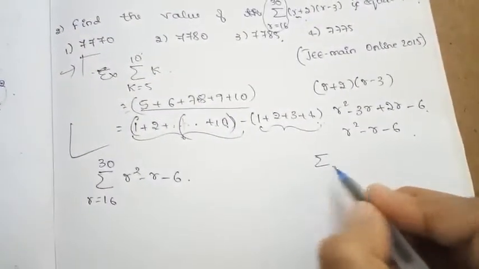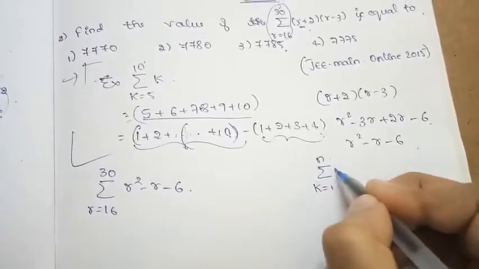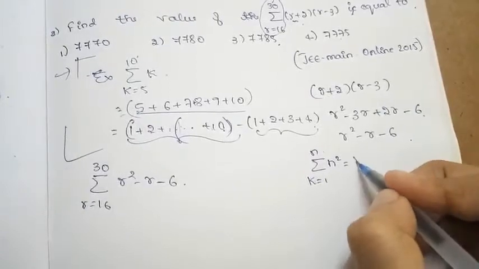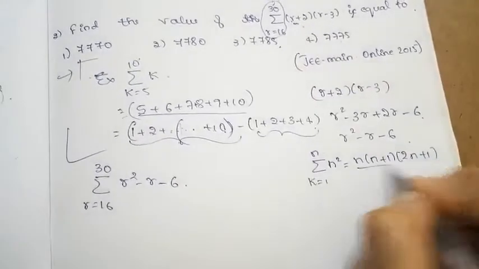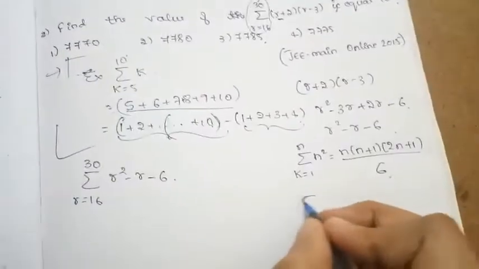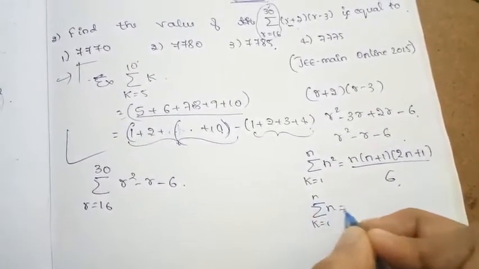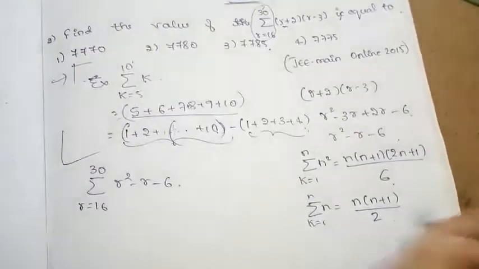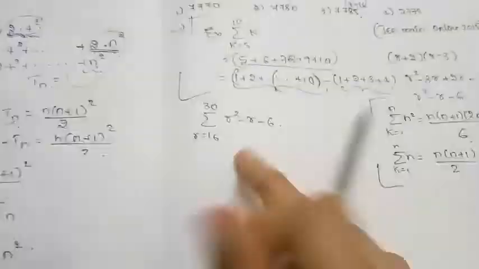We already know the summation for k equals 1 to n of k square is n into n plus 1 into 2n plus 1 whole divided by 6, and the summation of k from 1 to n is n into n plus 1 divided by 2. With these formulas we are going to continue.